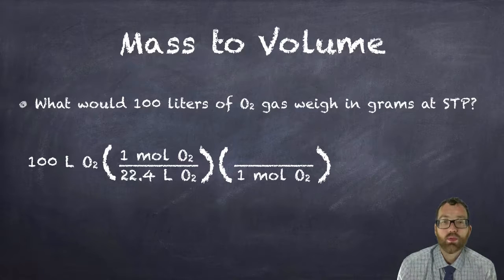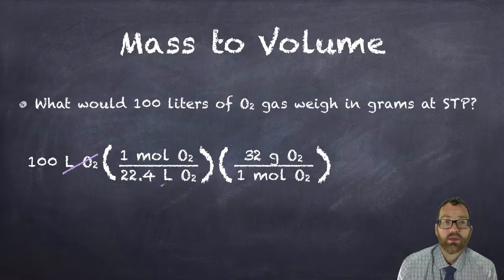So moles will go on the bottom, so moles and moles will cross off, and grams of O2 are going to go on the top. So you need to go to the periodic table and look up the mass of oxygen. Oxygen weighs 16 grams per atom, and in 1 molecule of O2 I have 2 atoms of oxygen. So 16 plus 16 would be 32 grams of oxygen.